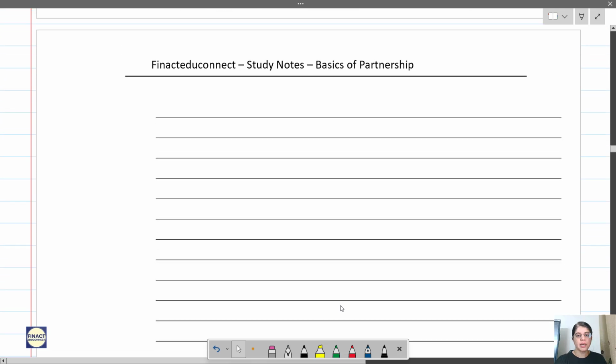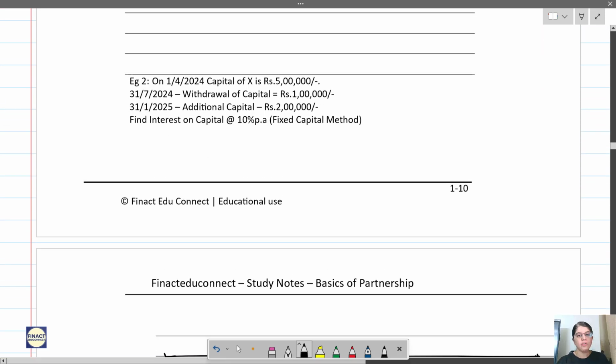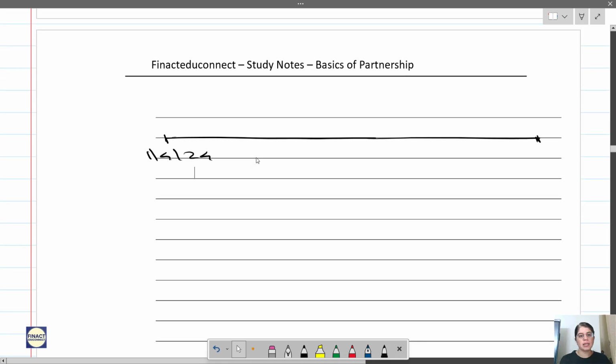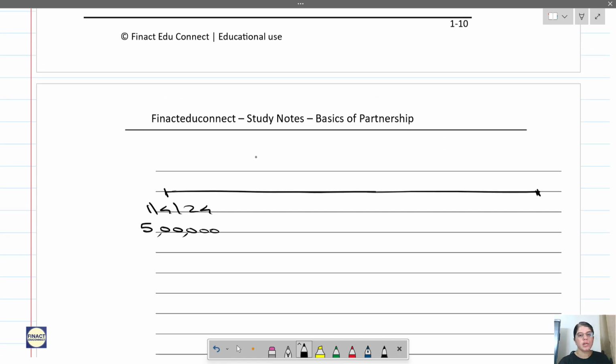So let us make a timeline over here. So this is my timeline. We are on 1st April 24. On 1st April 24, the capital balance was how much? 5 lakhs. Let me write it over here. Then what has happened?